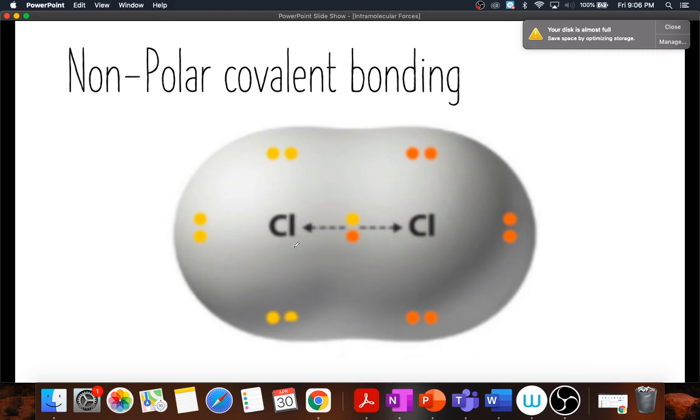Okay, so an example: if you have two Cl atoms that are forming a bond, those electrons are going to hang out exactly in the middle because the two Cl atoms have the exact same electronegativity. All right, so those were the four intramolecular forces. Let's see what the intermolecular forces are in the next video.